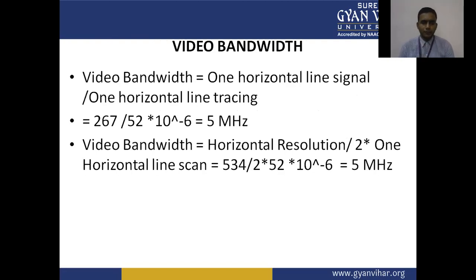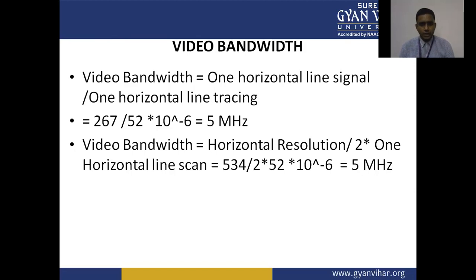Next, we have video bandwidth. Video bandwidth is a very important point in the television system, because bandwidth is very important for transmission of the TV signal. One horizontal line signal upon one horizontal line tracing time of 52 into 10 to the power minus 6 seconds gives 5 megahertz as the video bandwidth.